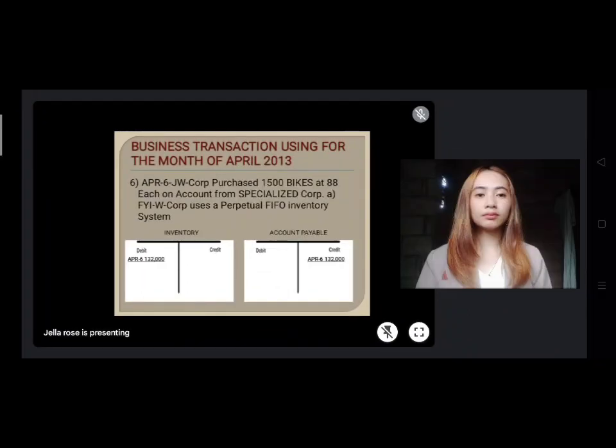Number 6, on April 6, JW Corp purchased 1,500 bikes at 88 each on account from a specialized corp. FYI, the corp uses a perpetual FIFO inventory system.